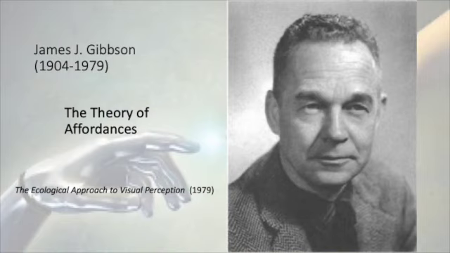Gibson was not especially concerned with technology and, not surprisingly for his era, thought of technological artifacts as tools that human beings encountered along with many other physical objects in their environment.